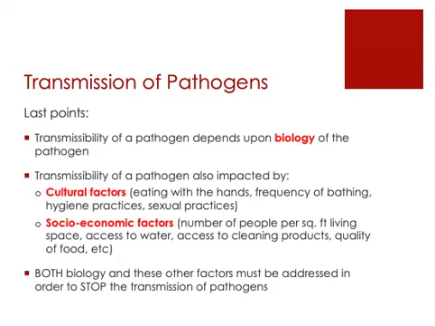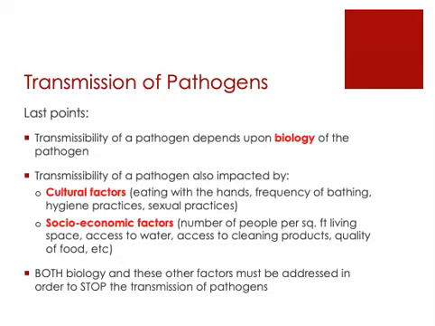It's culturally appropriate to use your hands while you eat. And so you can imagine that a group of people who are sitting around a common source of food and who are using their hands to consume that food are more vulnerable to the spread of pathogens that are transmitted through food.